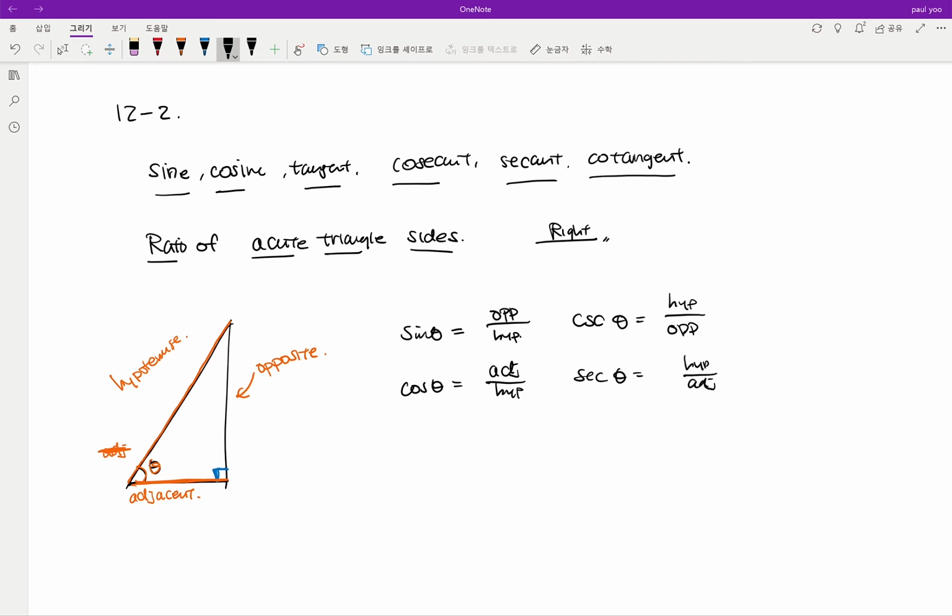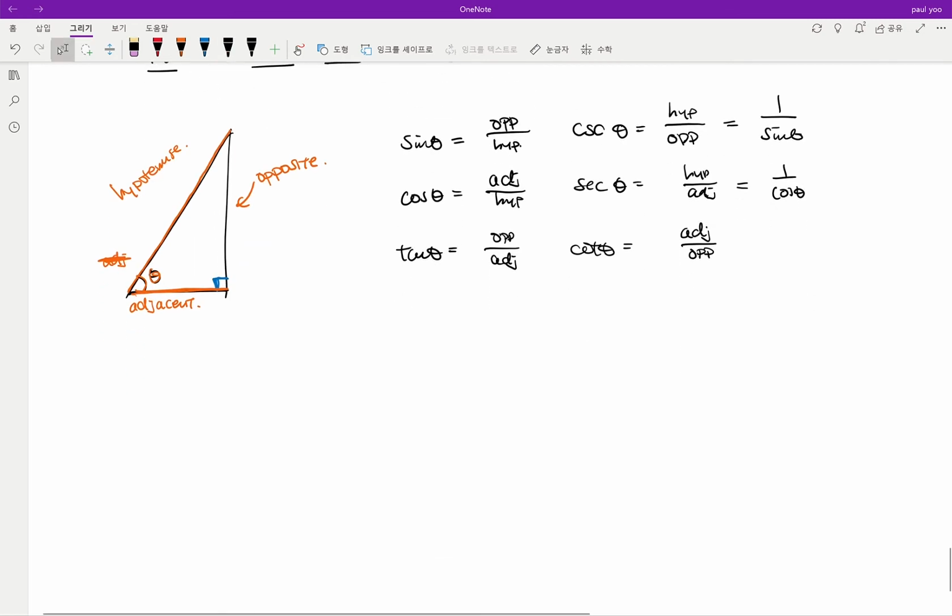So you probably have an idea that cosecant of theta is equal to 1 over sine of theta, and secant of theta is 1 over cosine of theta. Tangent of theta is opposite over adjacent, and cotangent of theta is adjacent over opposite.